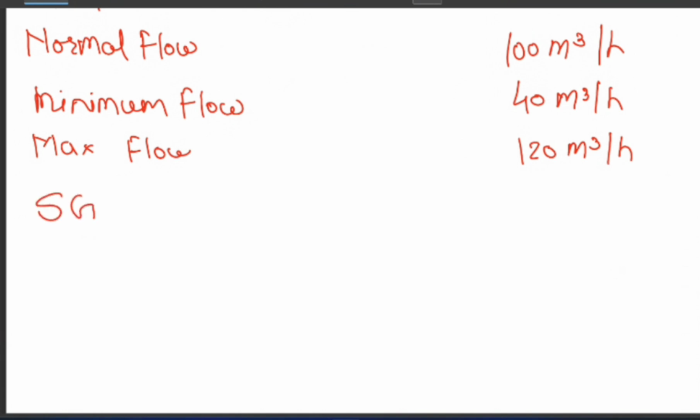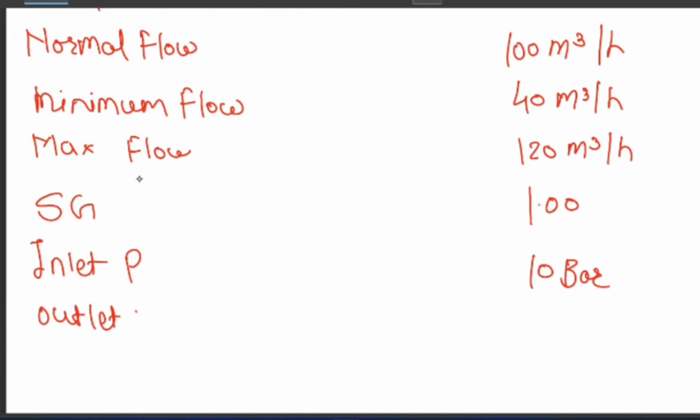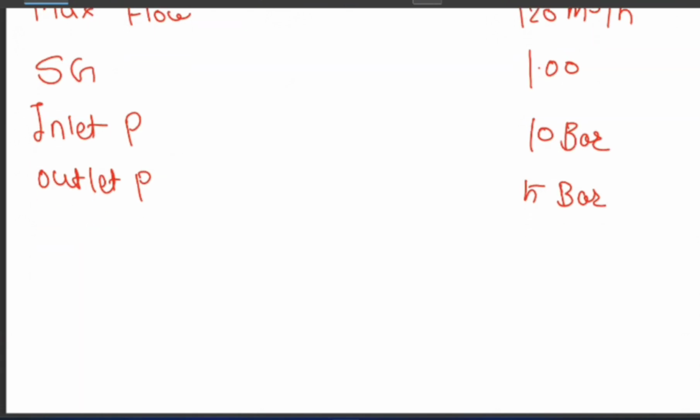Then specific gravity. Specific gravity of water is 1. Initial pressure, or you can say inlet pressure, is 10 bar. Outlet pressure is 5 bar.